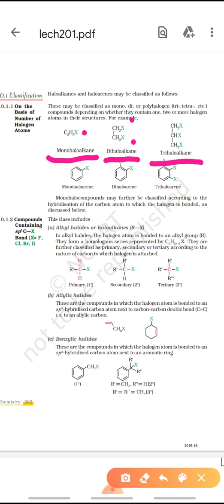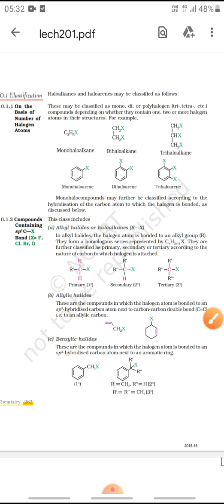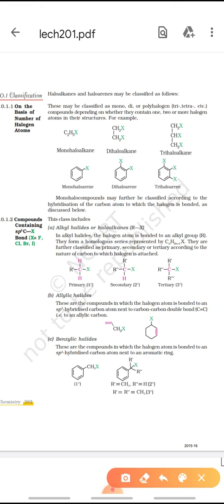Dihaloalkanes means two halogens are present, and trihaloalkanes means three halogens are present. Similarly, in the case of arenes also, monohaloarene, dihaloarene and trihaloarene, depending upon the number of halogens present on the arene.